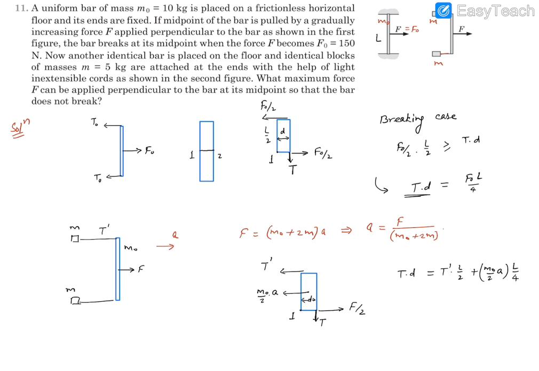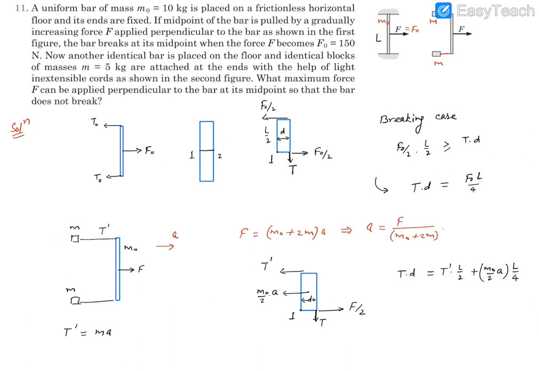Now this TD and this TD have to be equal because they are related to the strength. So if we know T dash, we can relate these two. Now how to get T dash? Again, we can make one more equation by drawing the free body diagram of this particle. This particle is going to be pulled by T dash, and it is moving with acceleration a. So T dash is basically m into a.